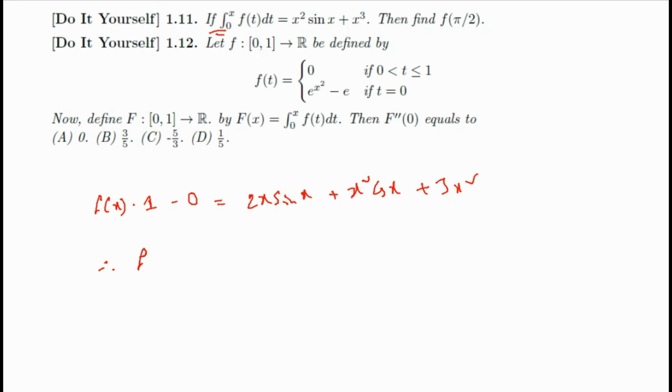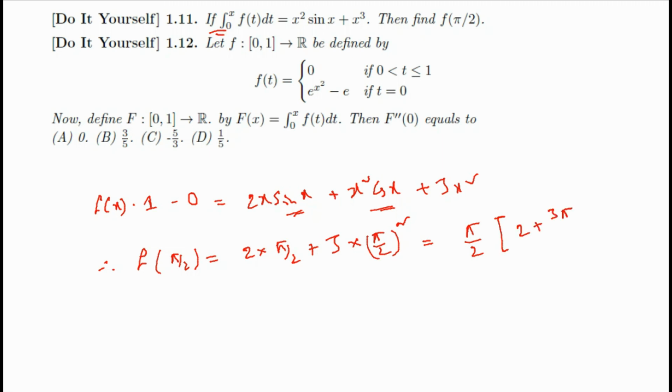So therefore f of pi by 2 equals cos pi by 2 which is 0, and sine pi by 2 is 1, so 2 into pi by 2 plus 3 into pi by 2 square, so pi by 2, and we will get 2 plus 3 pi by 2.